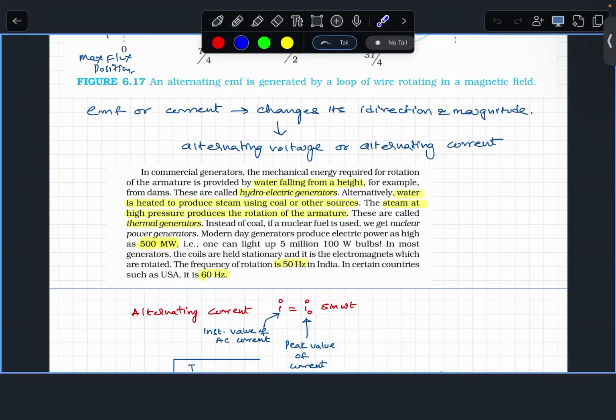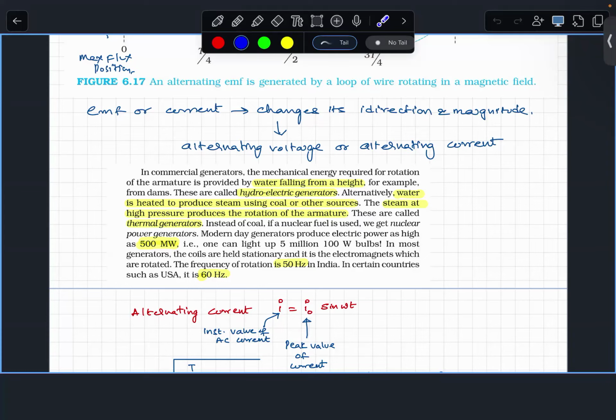After receiving that at the substation, we lower the voltage, and that we receive at home. We receive AC voltage of 220 volts to 240 volts nearly, and the frequency is 50 Hz.